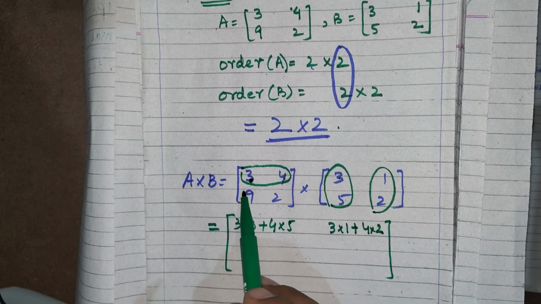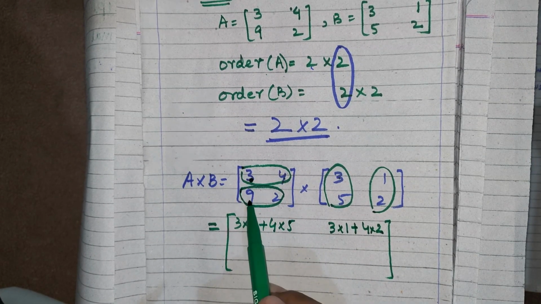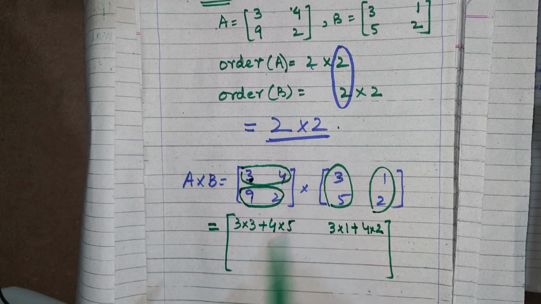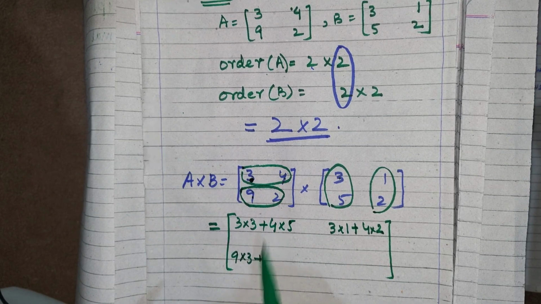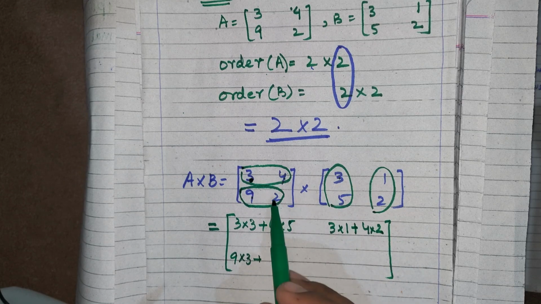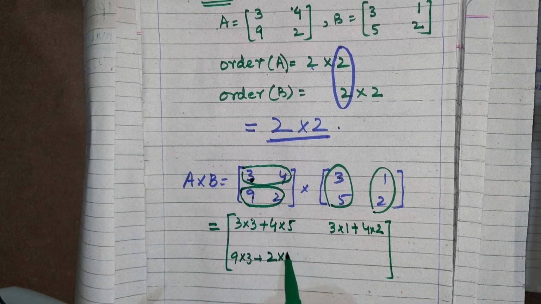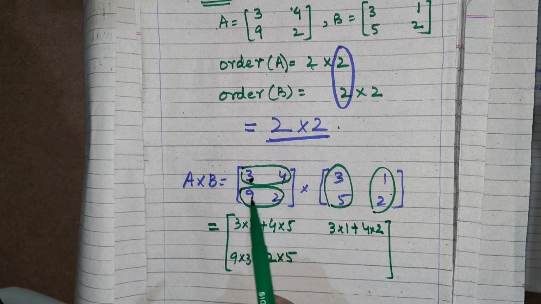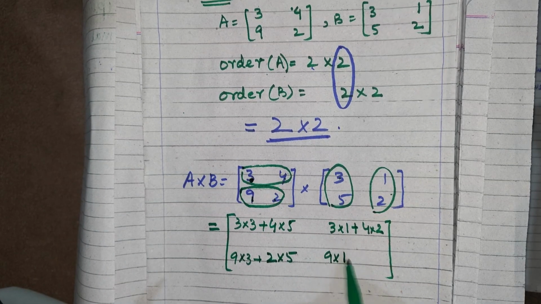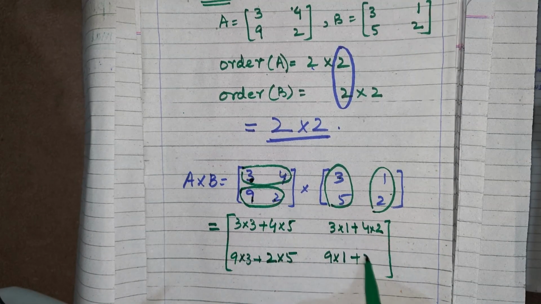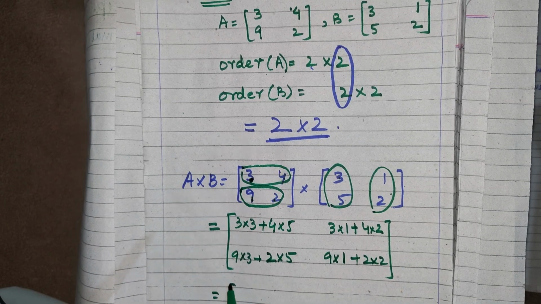Now we will go to the second row, and the same process will be followed. 9 multiplied by 3 plus 2 multiplied by 5. Again with the second column, 9 multiplied by 1 plus 2 multiplied by 2.